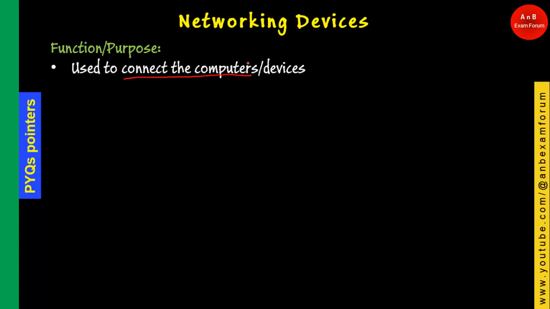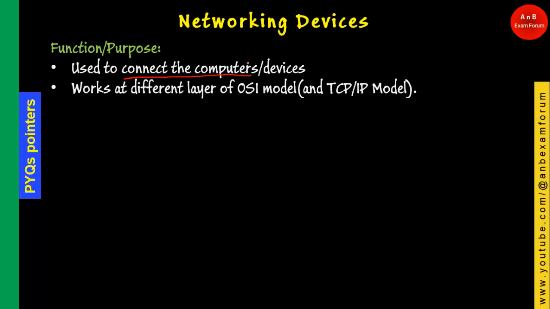The next important pointer is that it works at different layers of the OSI or TCP/IP model. There are two models in computer networks. You should know there is the 7-layer model, that is the OSI model, and the 5-layer model, the TCP/IP model.